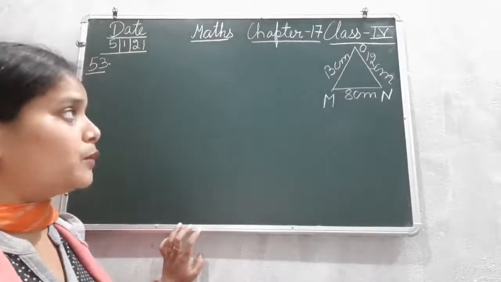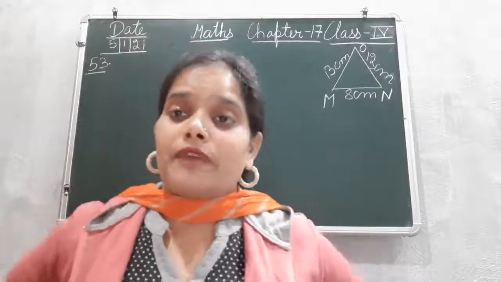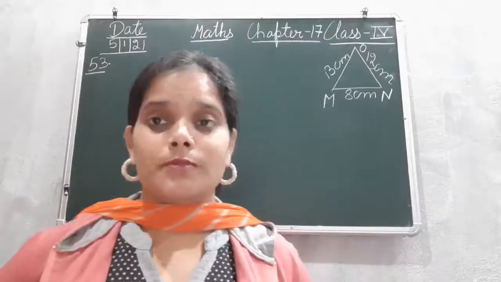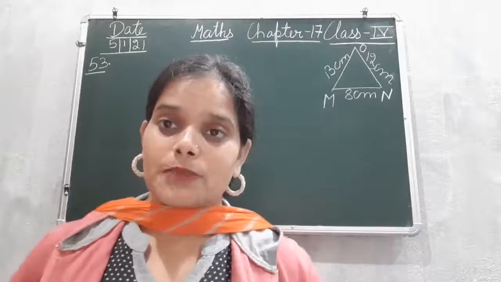The question was that we have to find the perimeter of the given triangle whose measurements are given. So, what is perimeter?